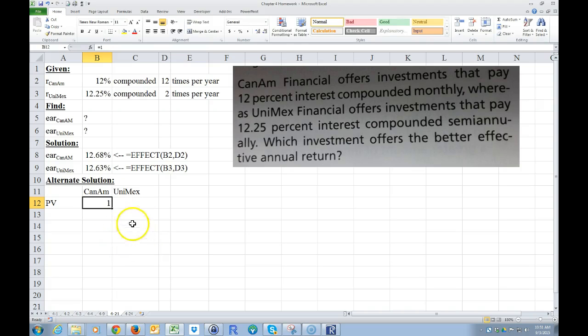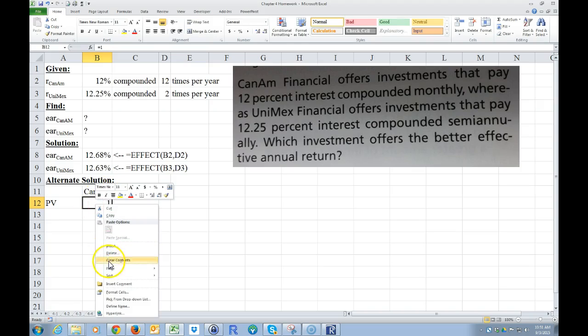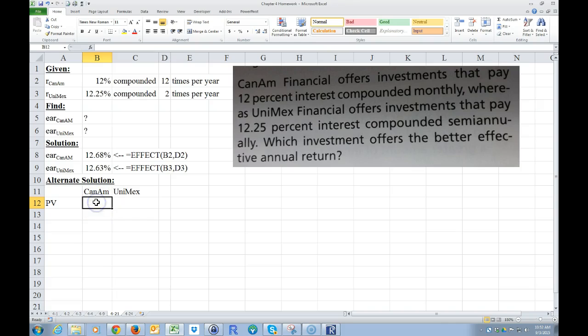Let me clear this. So this is a negative $1. Okay, and both of these are going to start out with $1.